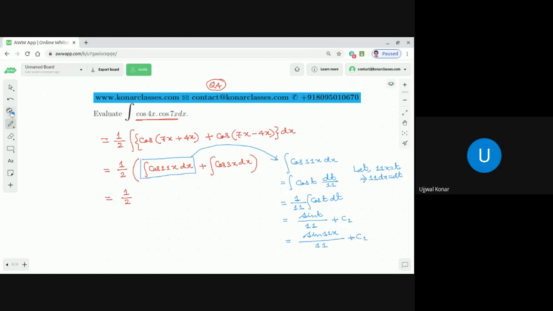So you can write that value directly here: sin of 11x divided by 11 plus, in the same manner, sin of 3x divided by 3 plus c, the integrating constant. Correct or not? Clear?